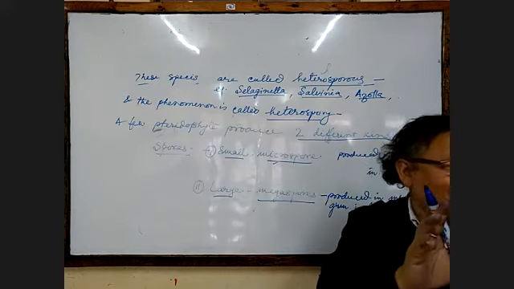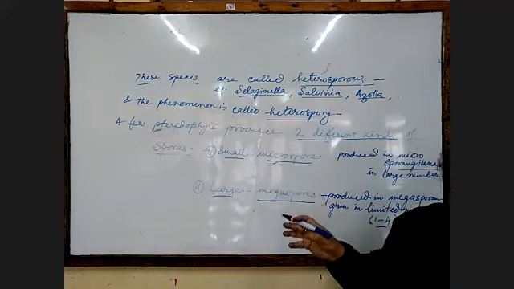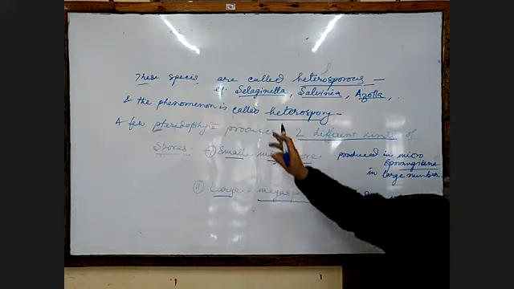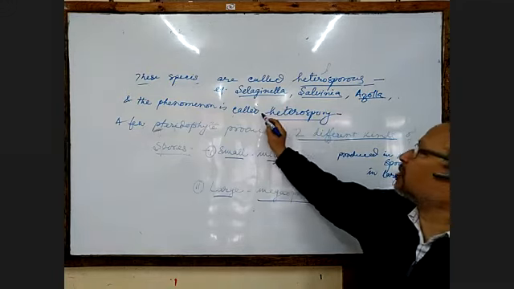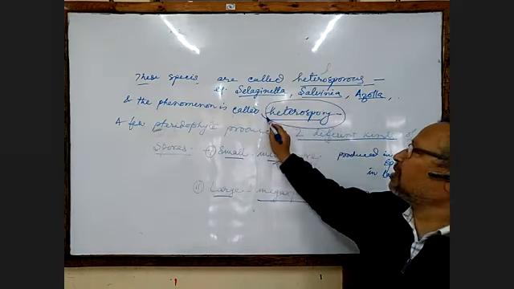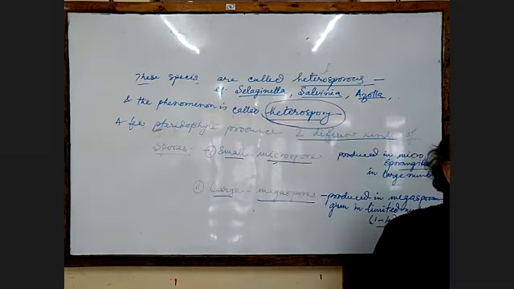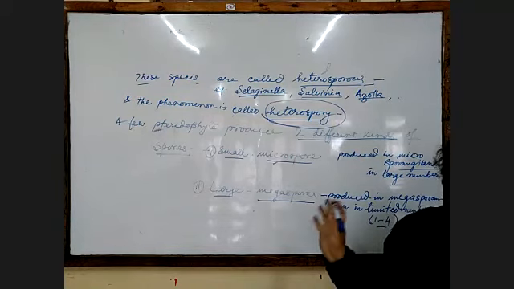About 9 genera are there which produce heterospores. And this heterospory is a very important event in the evolution of the plant.